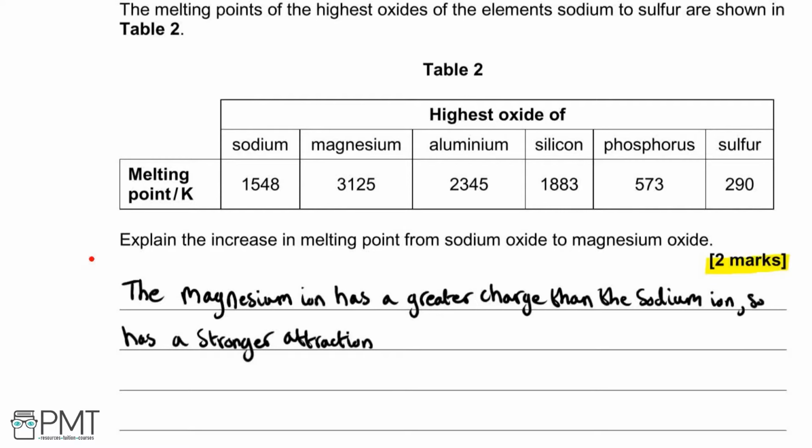So it has a stronger attraction to the oxygen anions, and this attraction is the ionic bond itself, so that means it's got stronger bonding than sodium oxide. So as a result, it's got a higher melting point, and that's what causes this increase in melting point. So 2 marks for that, the first for pointing out the greater ionic charge, and the second for explaining that that means a stronger attraction to the oxygen anions. That's all we need for the question, that's both marks.